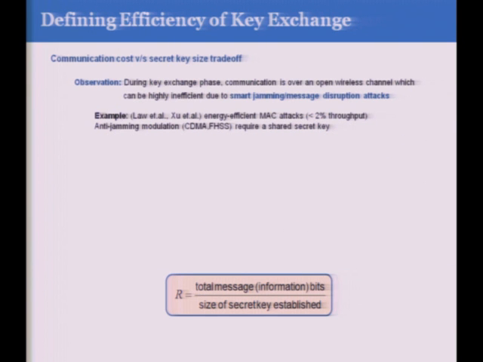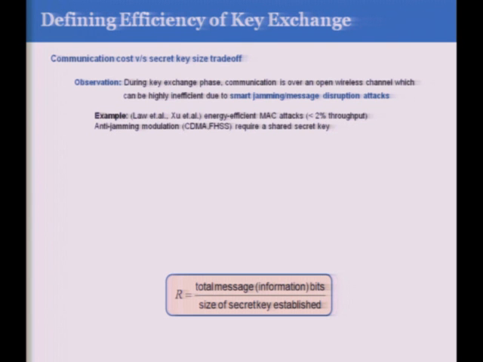So I've been talking about the efficiency of the key exchange process. Let me just quickly define it rigorously. The motivation for this efficiency metric that we will look at is the communication cost versus key size trade-off. The whole process of key exchange will happen over an open wireless channel.